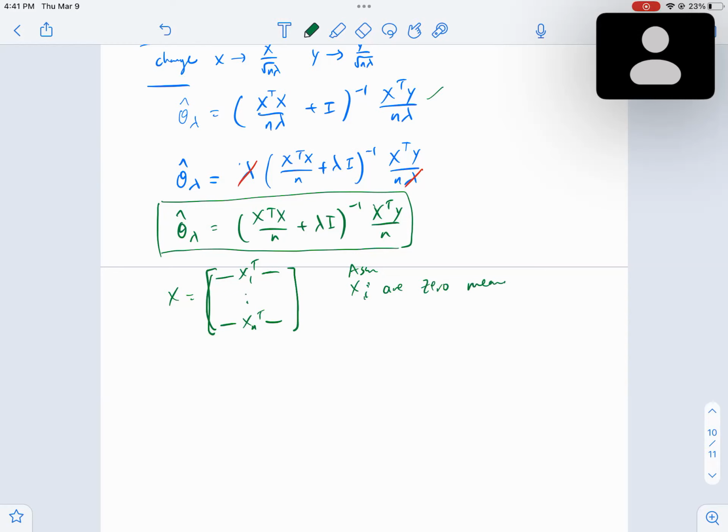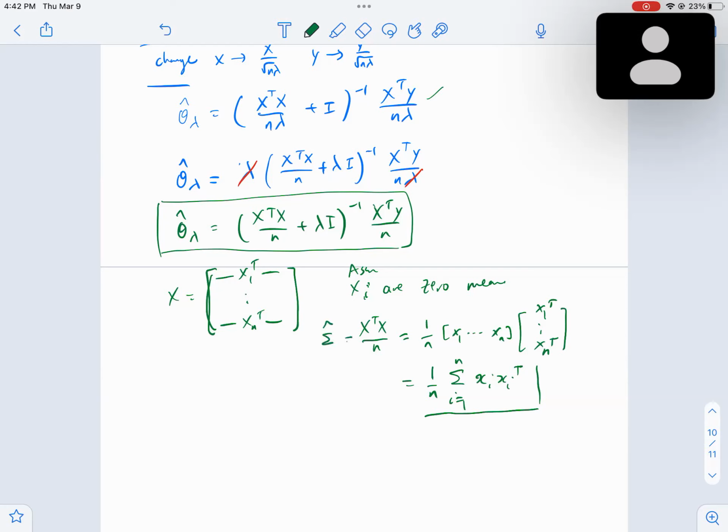If the Xi's are 0 mean, then X transpose X over n, you can argue, would be 1 over n times the summation i from 1 to n of Xi Xi transpose. So does this look familiar to people? I'm going to call this sigma hat, or sigma hat n. Does it ring a bell?